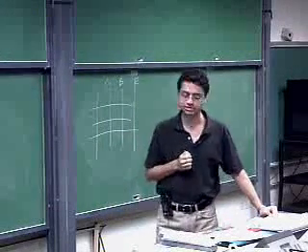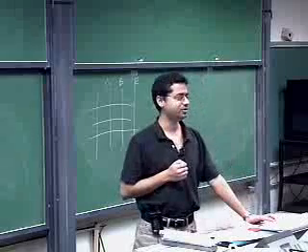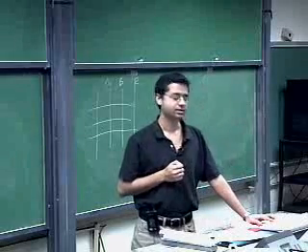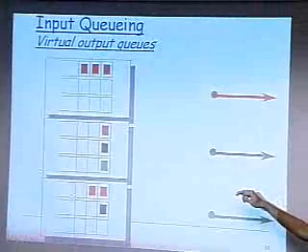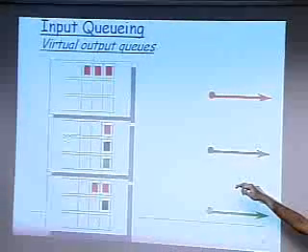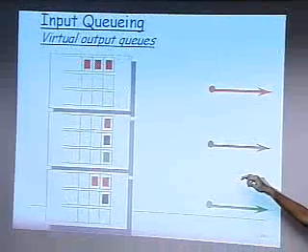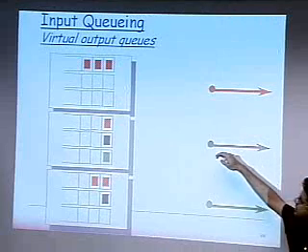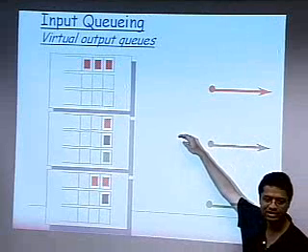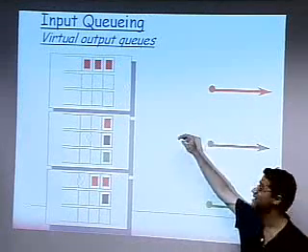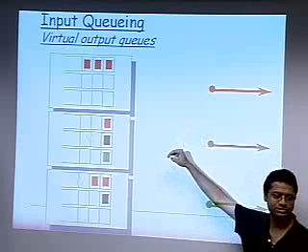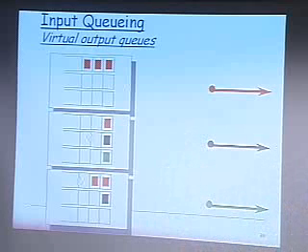So what are virtual output queues? At each input queue, you arrange those packets in virtual output queues depending on the destination. So now each of the input line cards will have n different queues depending on where the packet is going.